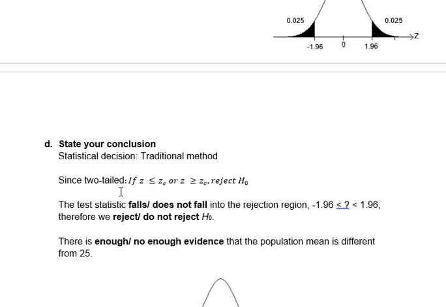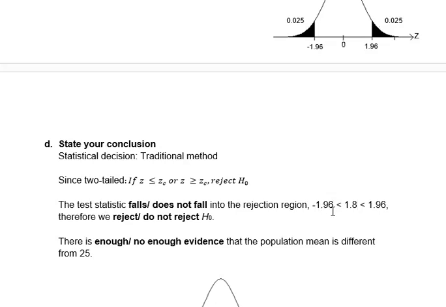Since this is two-tailed, you have to check if the Z test statistic is less than or equal to the negative Z critical value, or the Z test statistic is more than or equal to the positive Z critical value, then you reject H naught. So in this case, we find whether the test statistic falls or does not fall into the rejection region. The value of the test statistic here is 1.8.